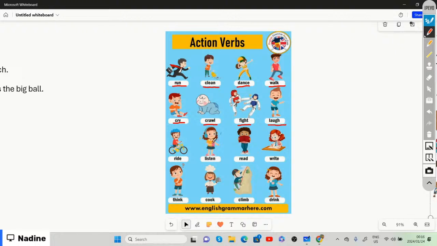Laughing, it's like asking you, what are you doing? No, I'm laughing at the joke, because the movie is, for example, funny or someone cracked a joke. So laugh is an action. To ride your bicycle, ride the bus, drive in a car, ride in a train, that is a verb.